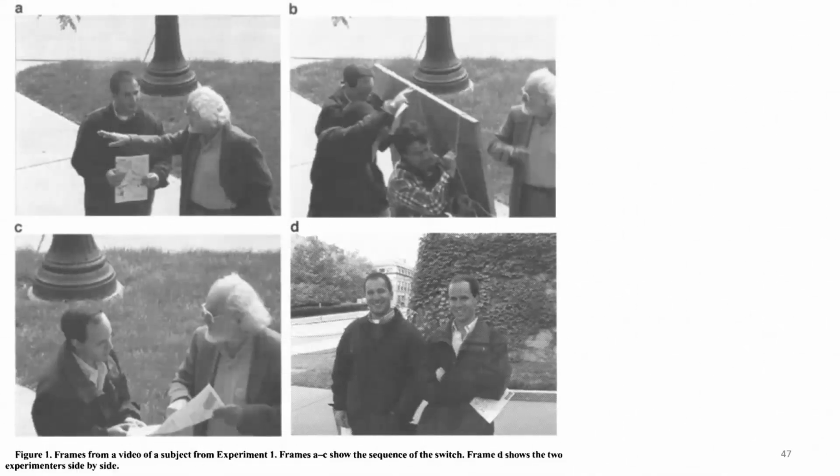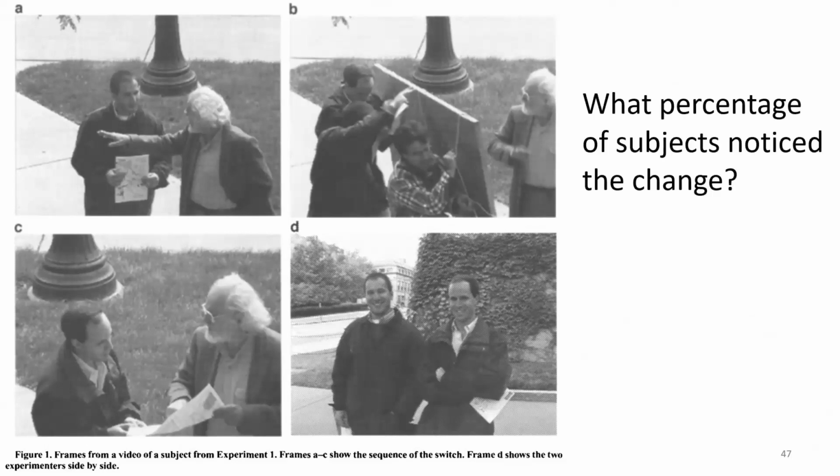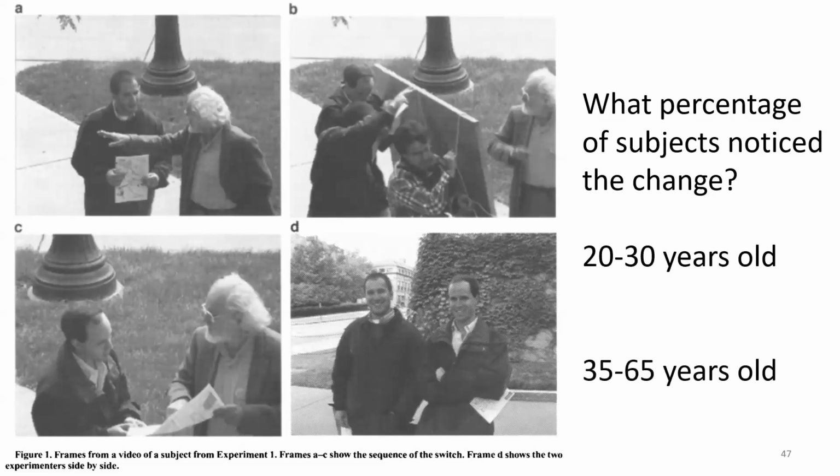But not just that, there was a clear effect in terms of the age of the participants. Some of the participants were 20 to 30 years old, other ones were 35 to 65 years old. If you had to guess, what percentage of 20 to 30 year old subjects noticed the change?